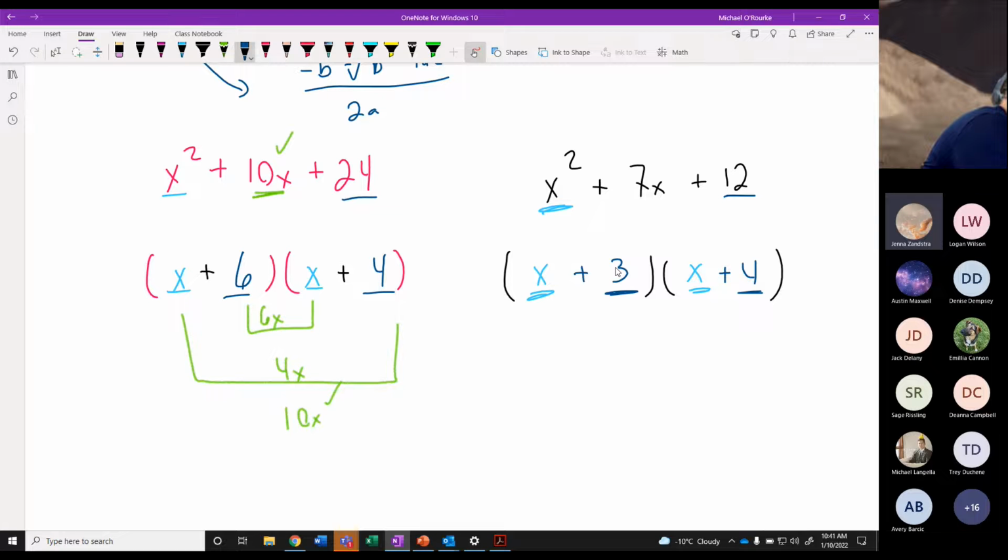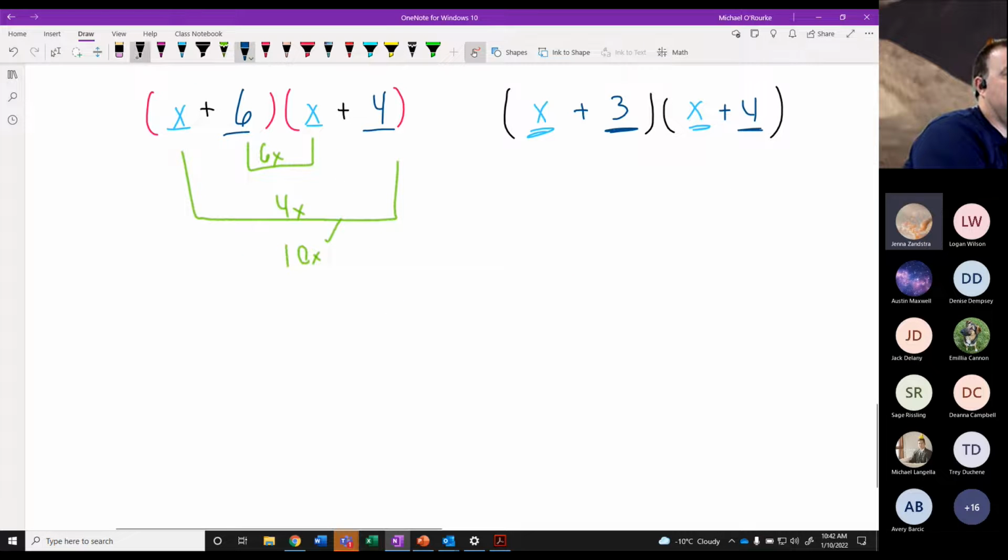Let me do one more. I'm making one up right now as we talk. Try this one. 3x squared plus 5x plus 2. Same thing as before.